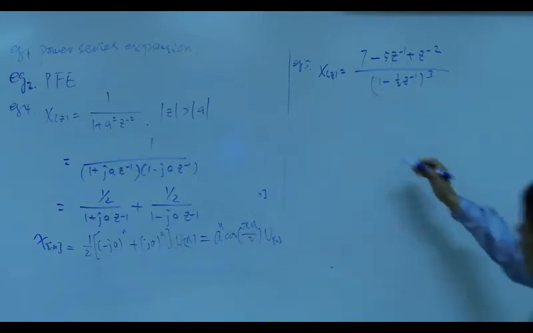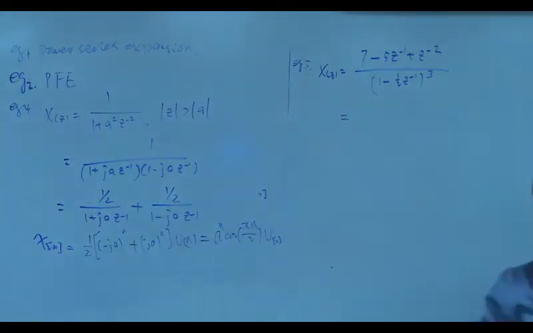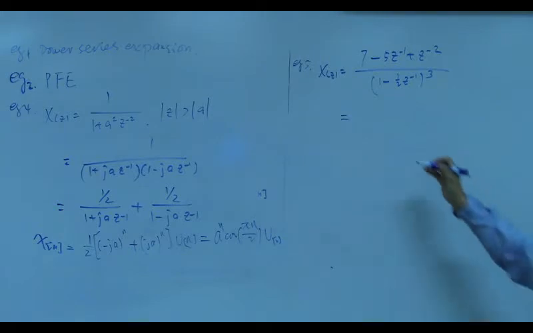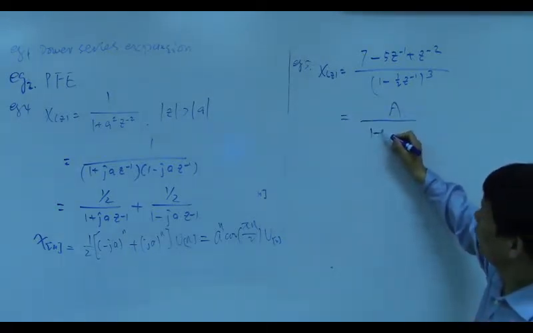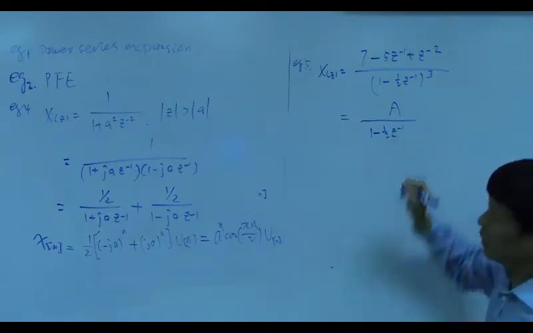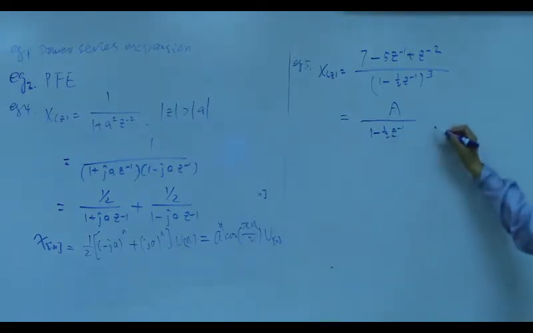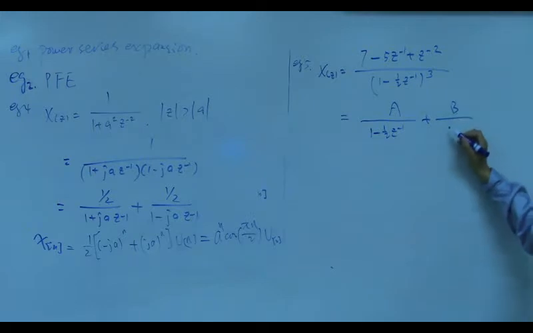So what do we need to do based on our memory from inverse Laplace transform? How many terms do we have here? 3 terms. Right? The first term is A on the top, over 1 minus half z to the negative 1.